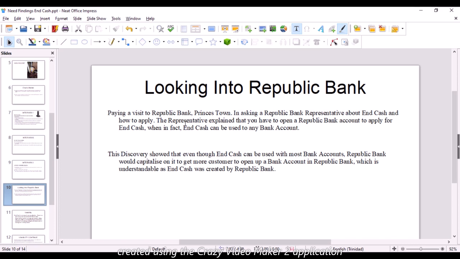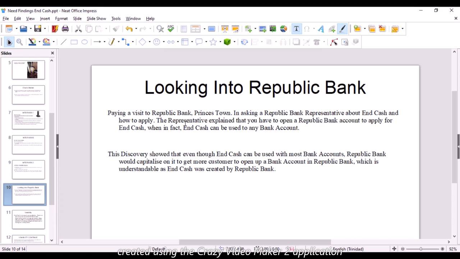Right? I walked into Republic Bank in Princeton and I asked them about Encash, and this was some of the results I got. So, paying a visit to Republic Bank in Princeton and asking the Republic Bank representative about Encash and how to apply. The representative explained that you have to open a Republic Bank account to apply for Encash.